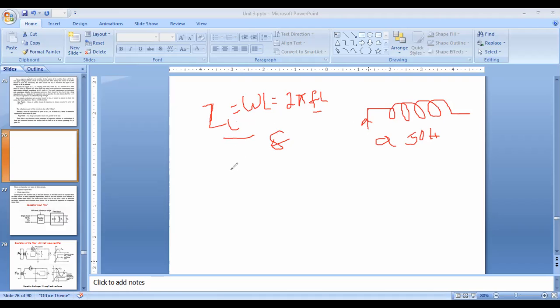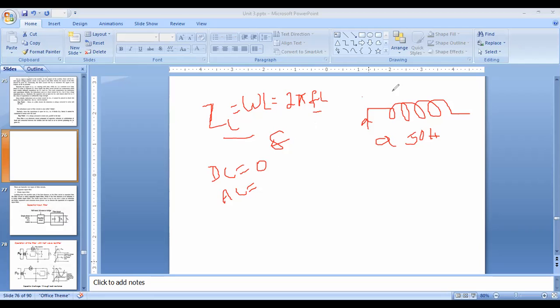Frequency 0 means it is DC. For DC voltages, the frequency is 0, whereas for AC signals we have a certain frequency value. So for DC, frequency is 0 and impedance is 0, which means it allows the DC.